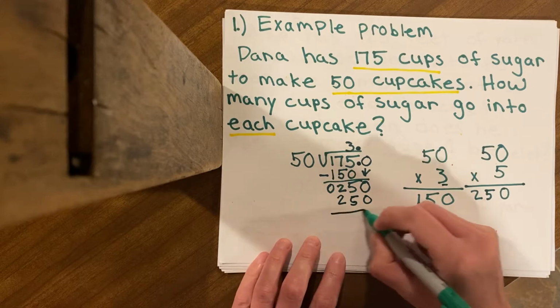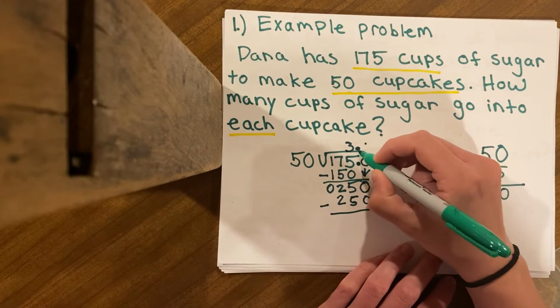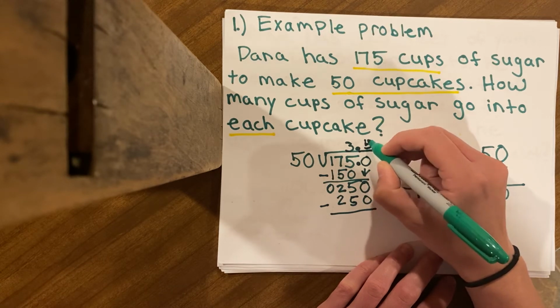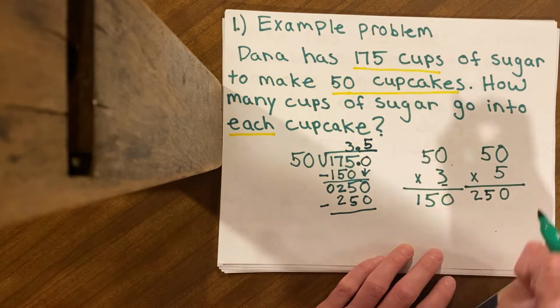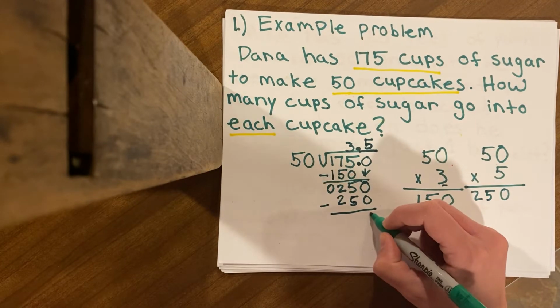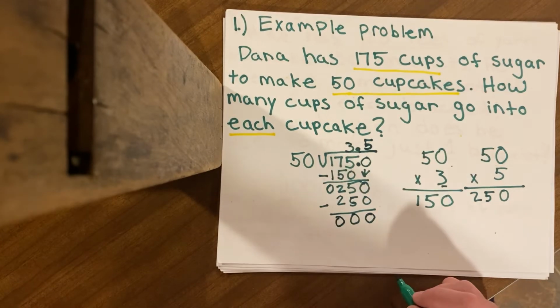Now we subtract. Okay, we need to make sure we add our 5 up here. We divide, now we multiply, now we subtract. 0 minus 0 is 0, 5 minus 5 is 0, 2 minus 2 is 0.